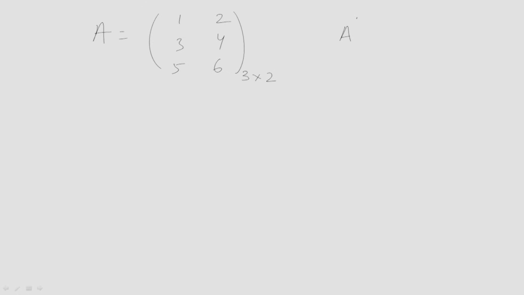A transpose means you simply convert rows into columns. This is the way of writing A transpose: you interchange rows by columns, the first row becomes the first column, the second row the second column, the third row the third column.